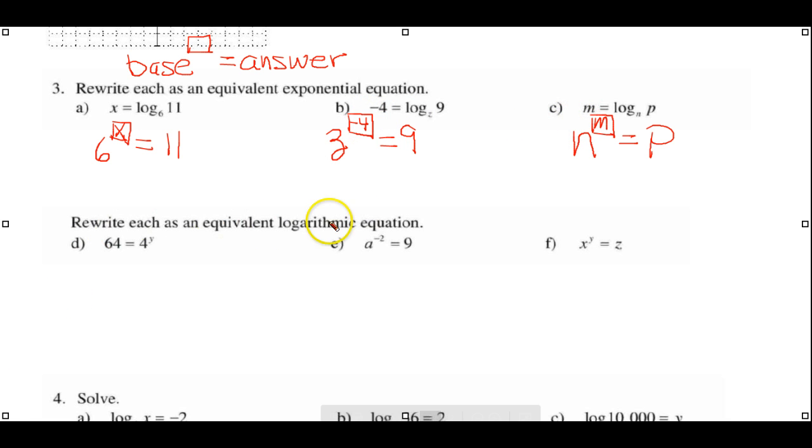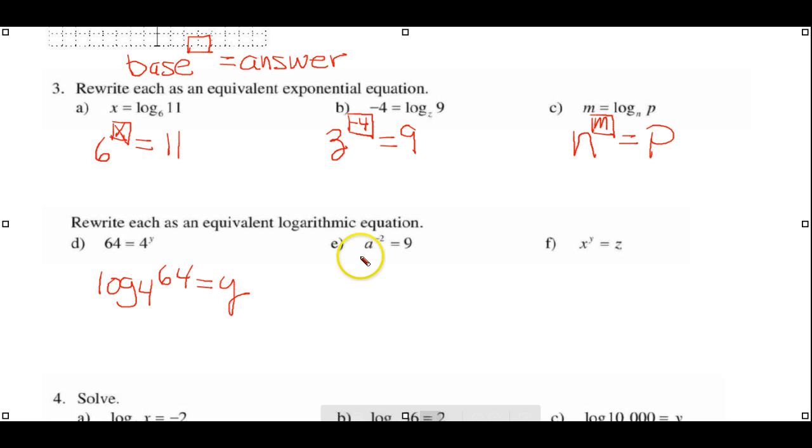Alright, let's see what we can do here. Now we want to rewrite each, these are in exponential form, we want to write them as logarithmic equations. So we're going to go from this form into the logarithmic form. So we're going to use log, there's our base 4, of the answer 64 is equal to the exponent y.